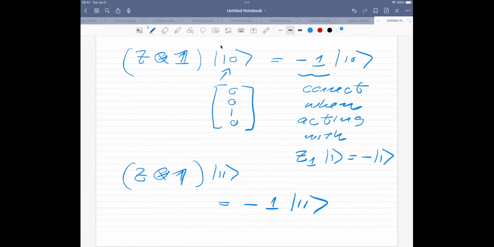Let me show you that here. So here we should put a subscript 1 and here a subscript 2 to indicate that this acts on qubit 1. And you see that when that acts on qubit 1, we should get -1. So that's correct.